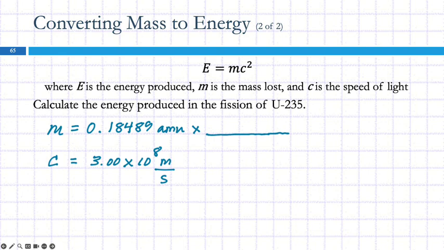If you take a carbon-12 atom that has 6 protons and 6 neutrons, it has an atomic mass of 12.